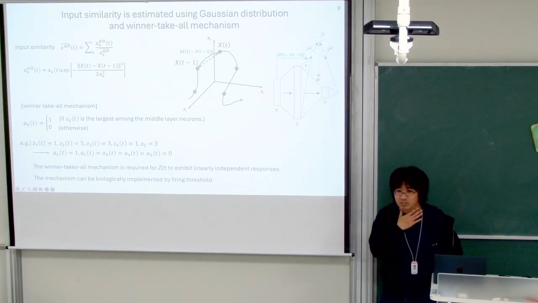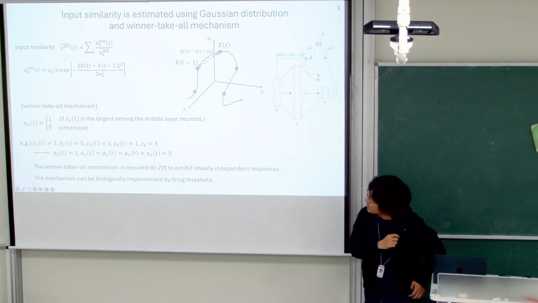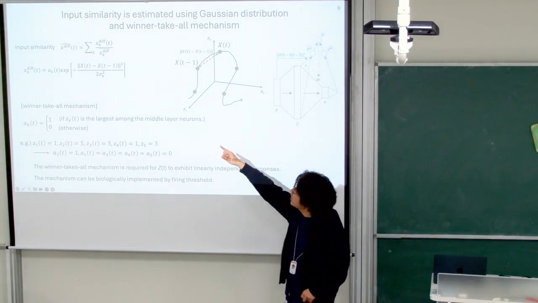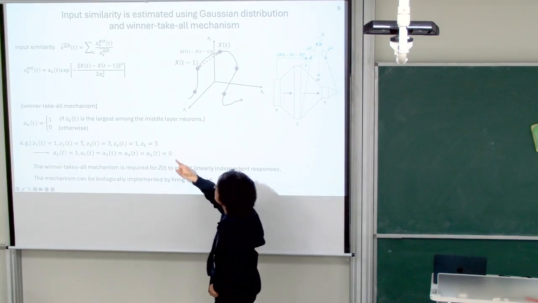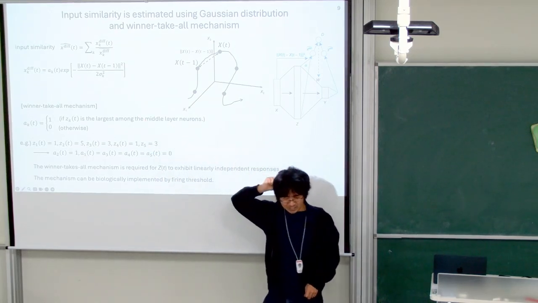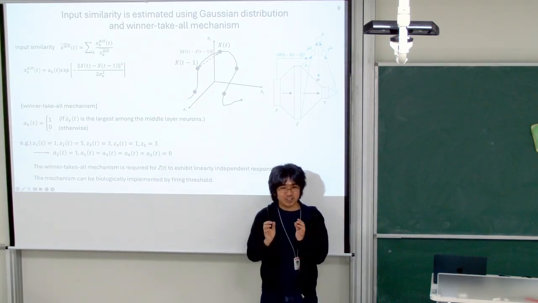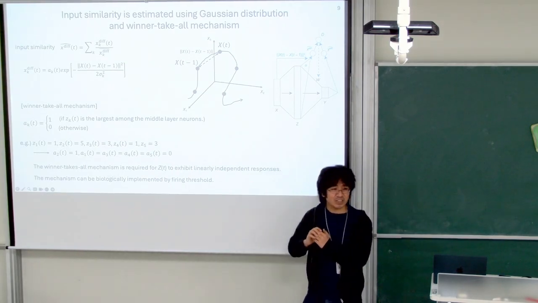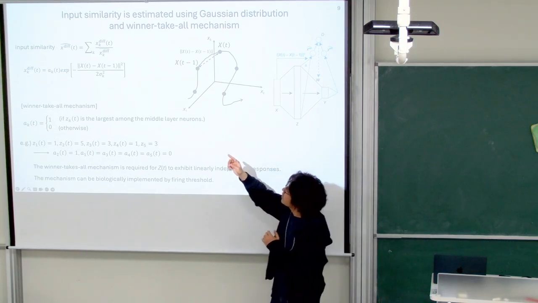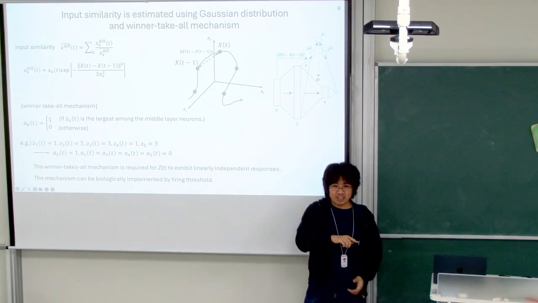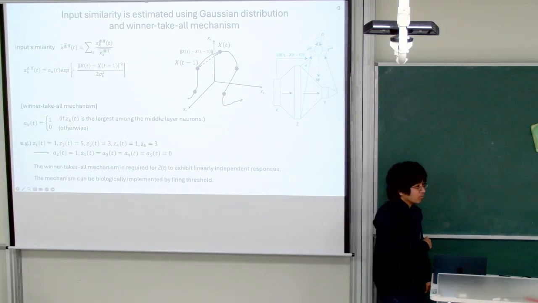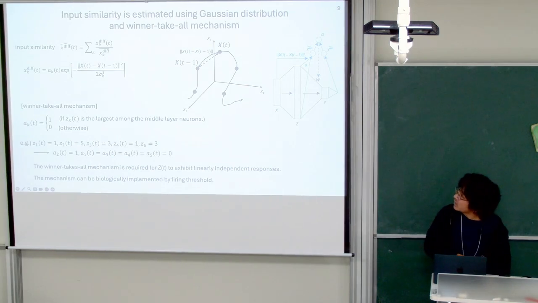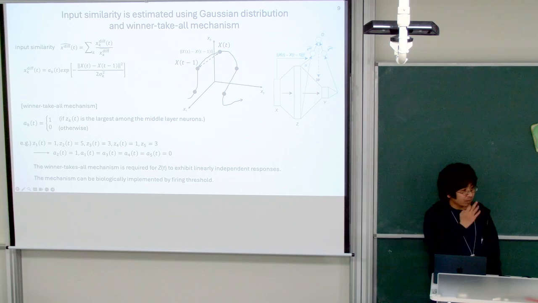Sorry, but what is the meaning of the X_k diff? The X_k diff is a Gaussian distribution, and the denominator is a normalization factor. It's just normalization, and the numerator is the Gaussian distribution. What is the meaning of t here? t is time. Do we consider data which is just a time series?